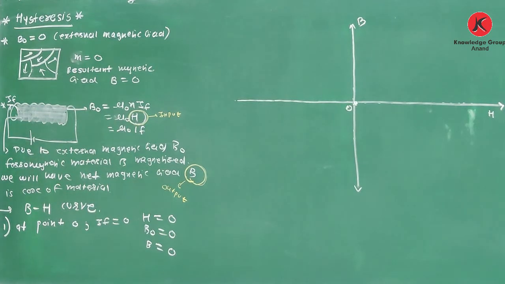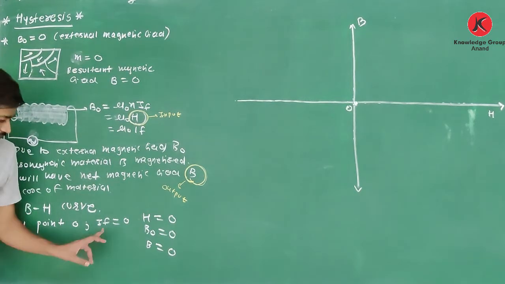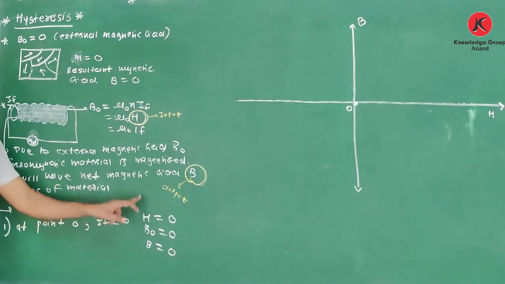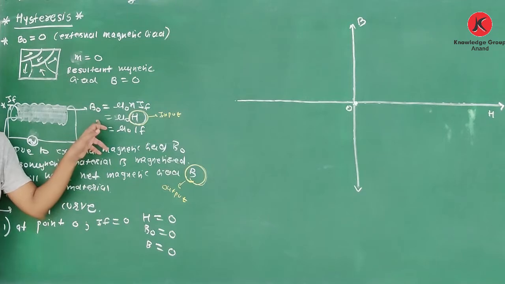Okay, so yes, due to that current, we know that the current starts gradually. It is not a battery, it is AC current. So as the value of current increases, H increases, so the magnetic field B0 also increases.